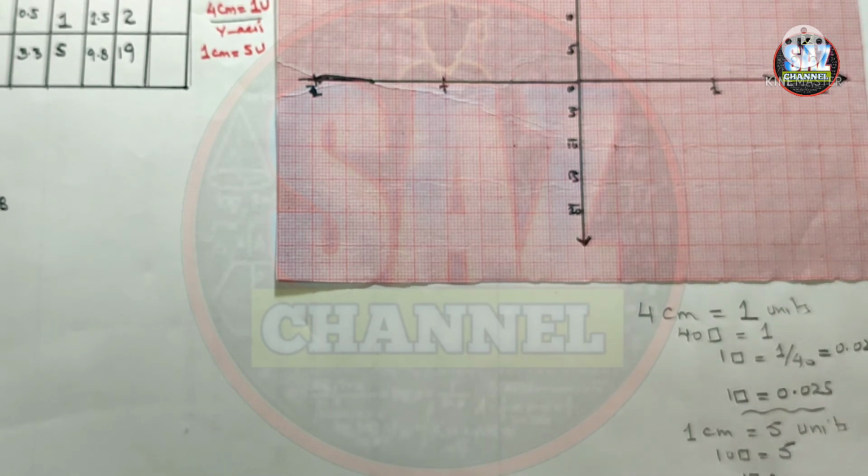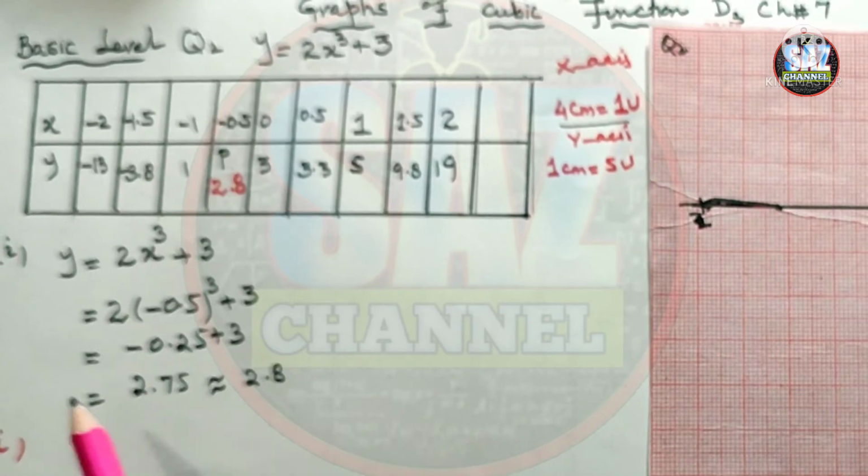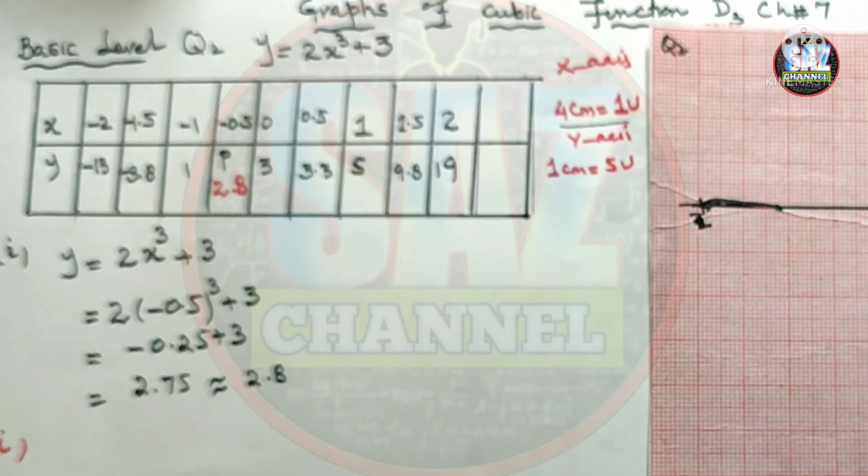One small block has a value of 5 by 10, or 1 by 2, that is 0.5. Now, it means that in order to get a value of 1, we need to move 2 small blocks.